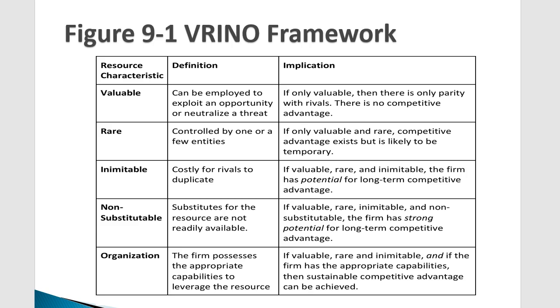So let's look at this chart now. Value. It can be a resource to be employed or exploited, an opportunity, or neutralize an external threat. Resources that are merely valuable can assist the firm in attaining competitive parity with rivals, but not a competitive advantage.